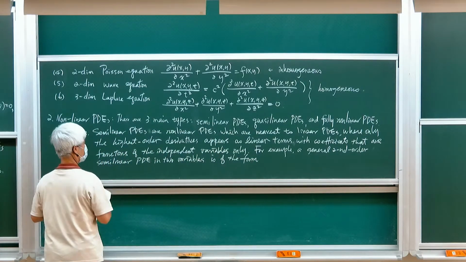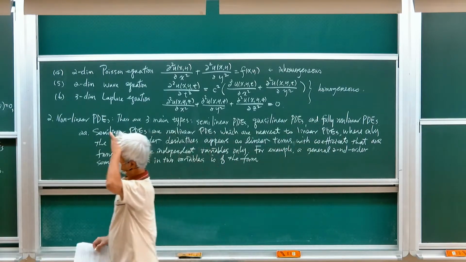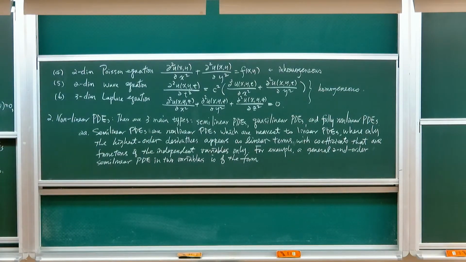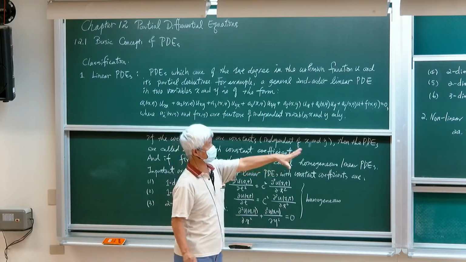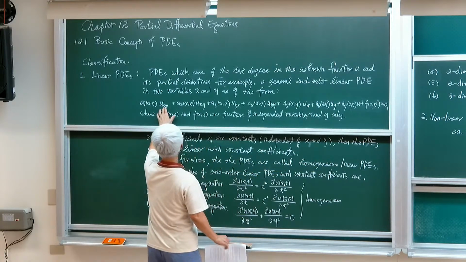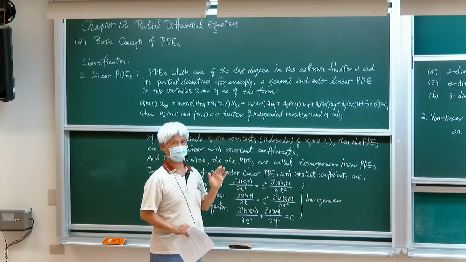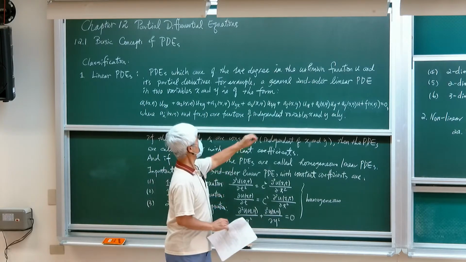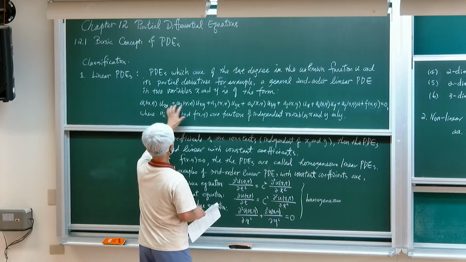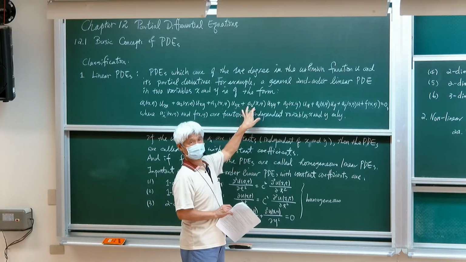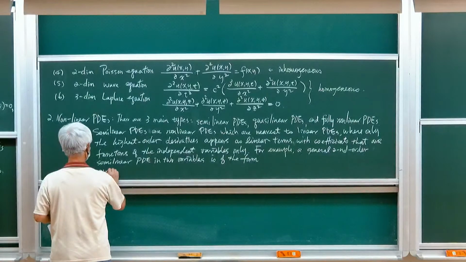Now we say that it is very close to linear in that the highest order terms, in second order these ones, appear linearly, with coefficients depending only on the independent variables x and y.